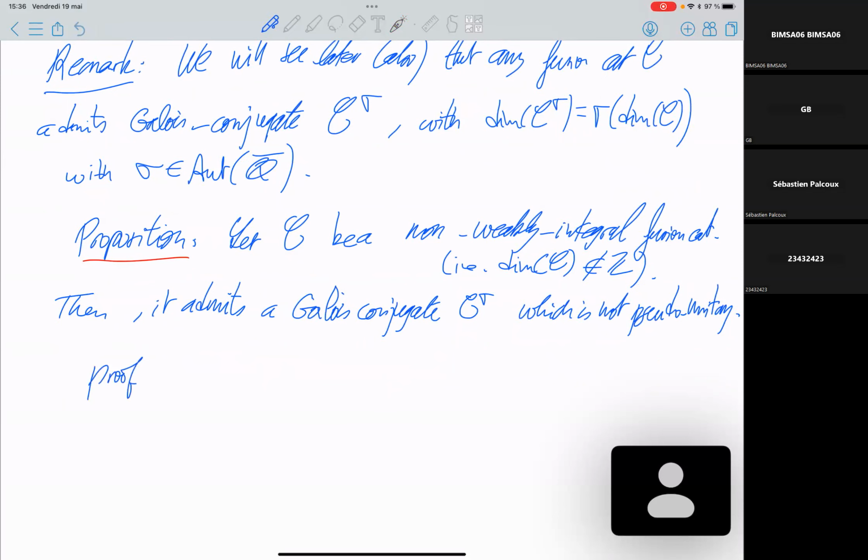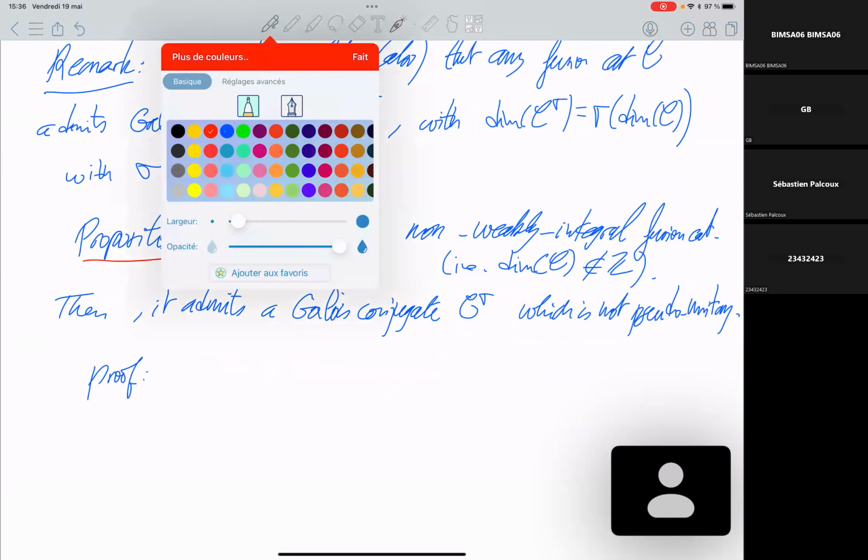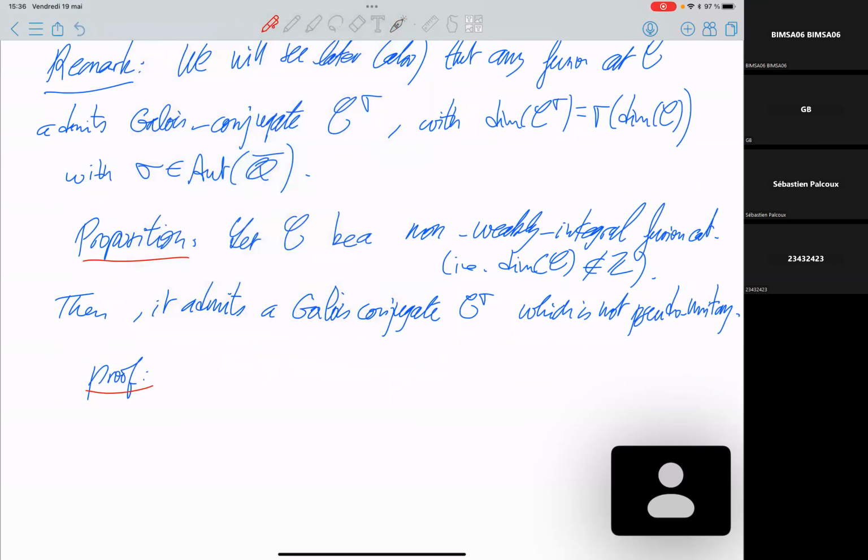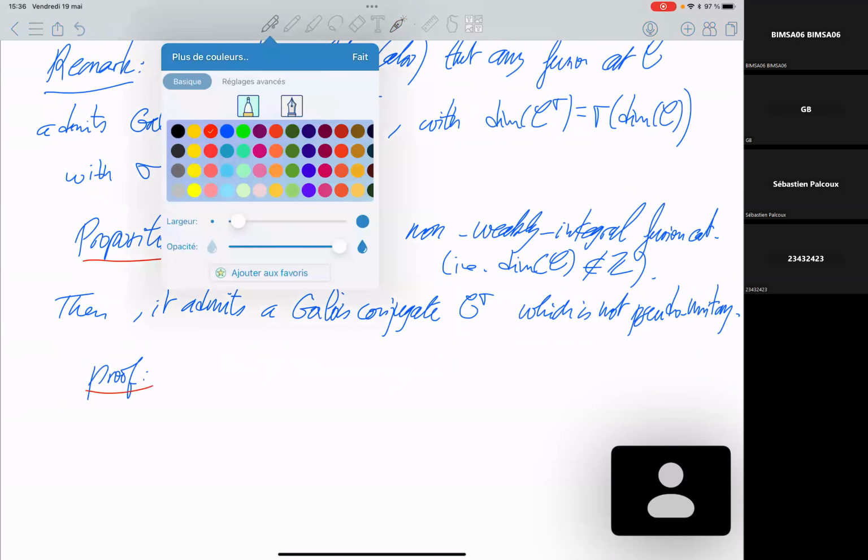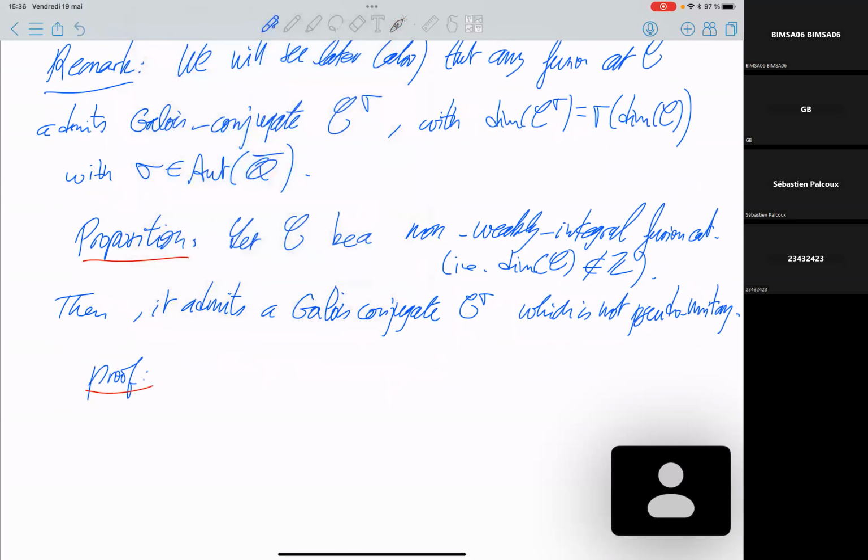So, proof. Suppose C is not weakly integral.